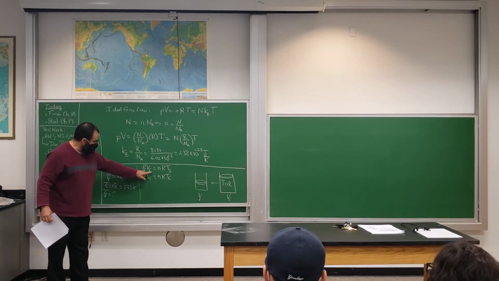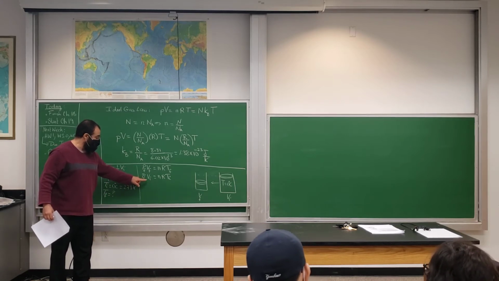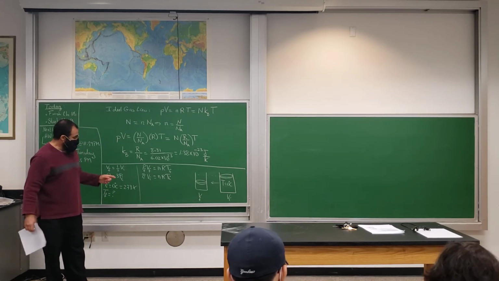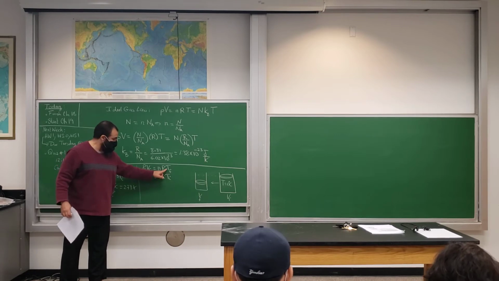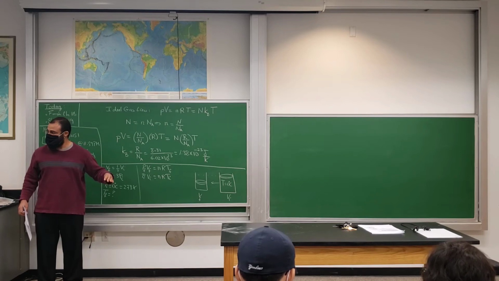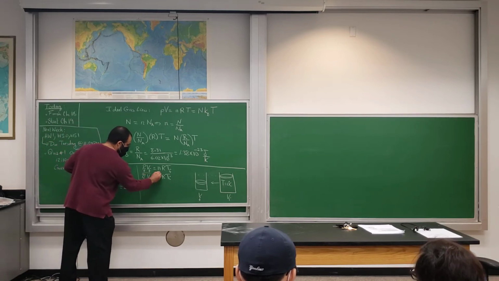I know P initial, I don't even know them explicitly, I know their ratios. And I know explicitly what T initial was. The question is find T final. You have two equations, and a bunch of things cancel if you divide the two equations by each other. So divide this equation by this equation, right? That's math.